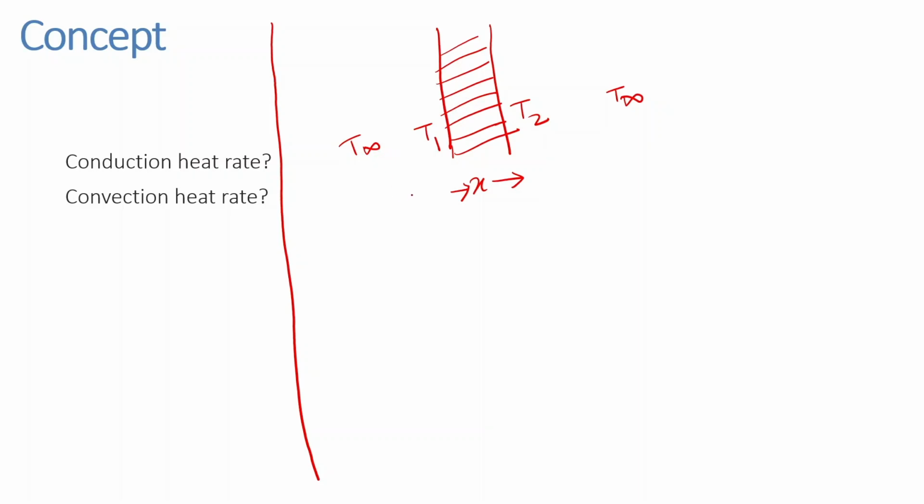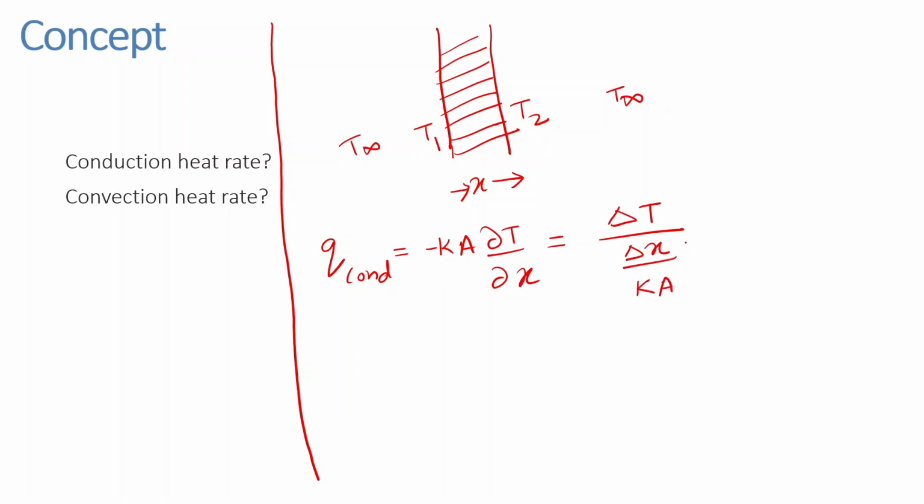If I have to find the conduction Q across the wall, then we can write it as minus Ka del T by del X. Now we can simplify this to write it as delta T is equal to delta X upon Ka. Now this entire term we can call it as resistance.